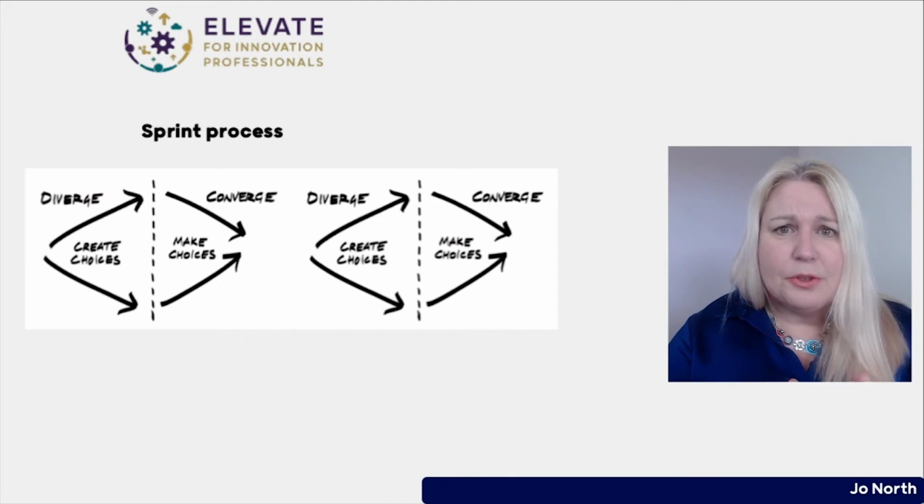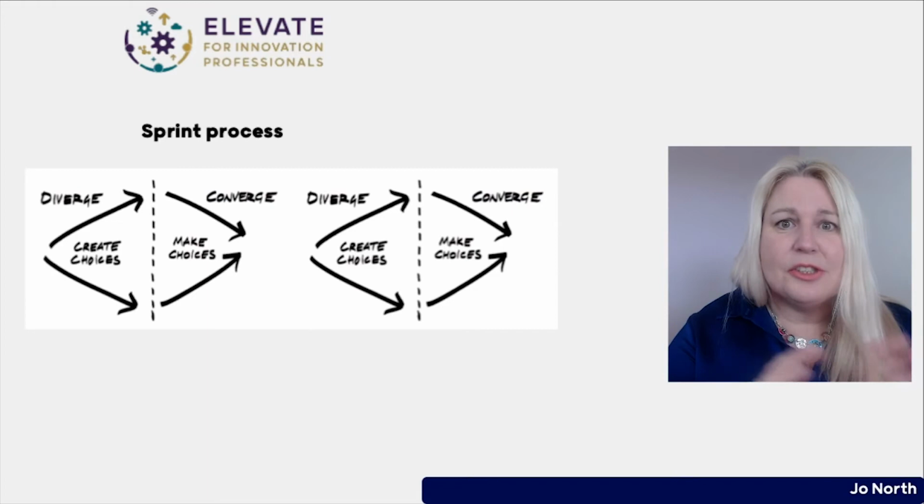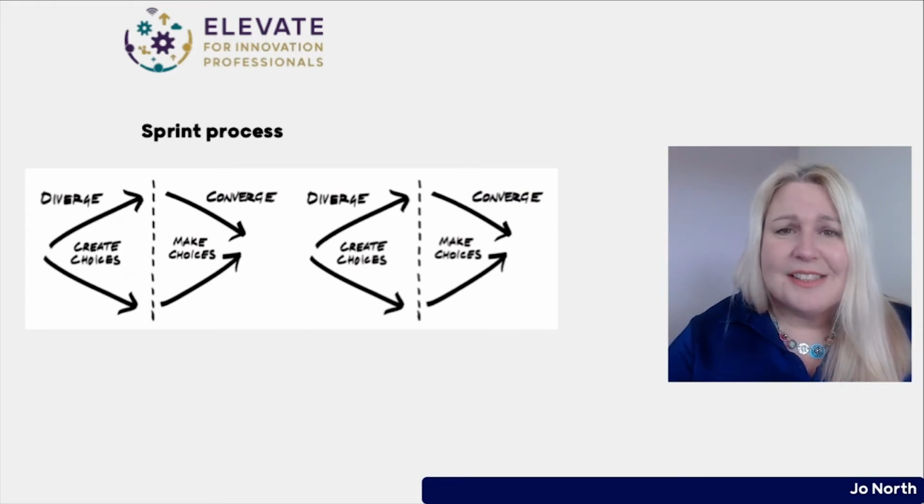And then from those choices you open up again, more divergent thinking, and then more convergent thinking as you make selections from those choices. So the whole way through the sprint, it's opening it up, having ideas, deciding, making decisions, refining those decisions, opening up again. And the activities need to reflect that virtually, as they do when you're facilitating in person, of course.